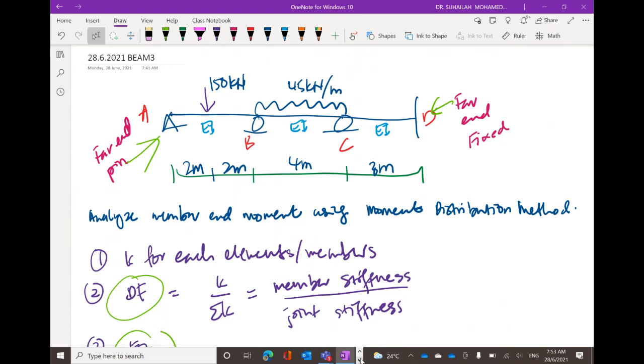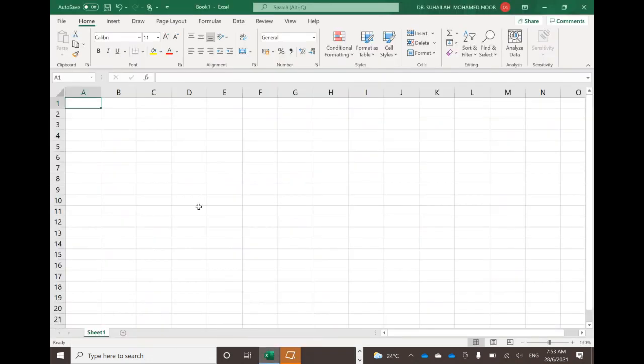So there are 3 members. Remember, 3 members will bring us 6 member end moments, starting from AB, BA, BC, CB, CD, DC.